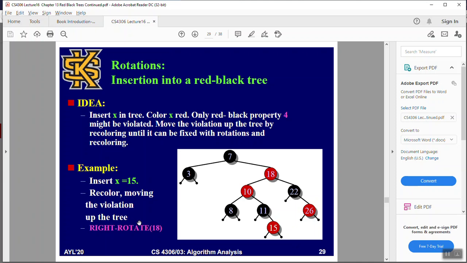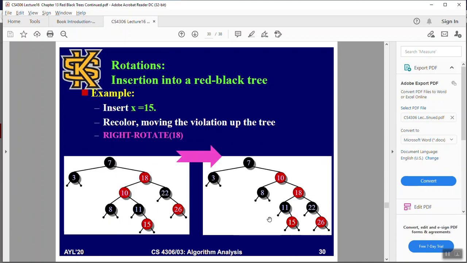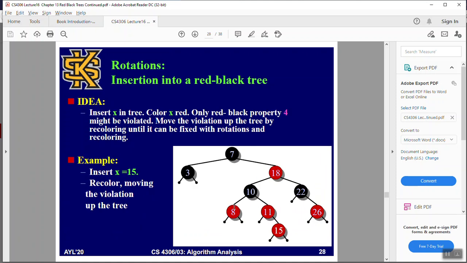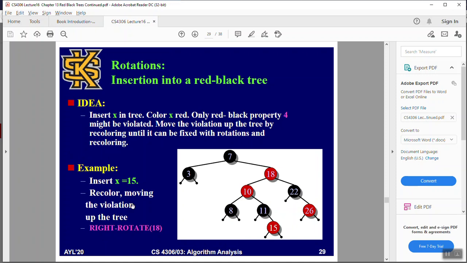Now what we need to do is recolor. Previously this 8 and 11 were red, so now we need to recolor them to black. If we recolor, is it a red black tree? No, this is violating the property, right? This side is 1 and 2, and this side is 2.